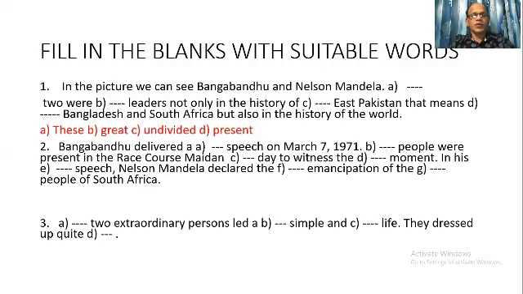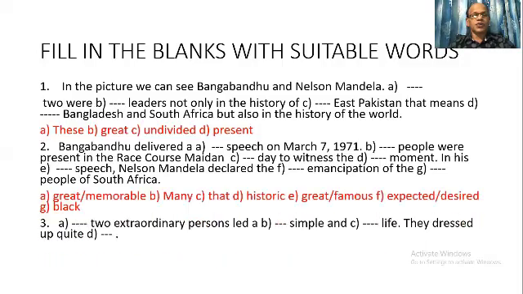In the Racecourse Maidan, blank day to witness the blank moment. In his blank speech, Nelson Mandela declared the blank emancipation of the blank people of South Africa. We can use these words in the gaps.